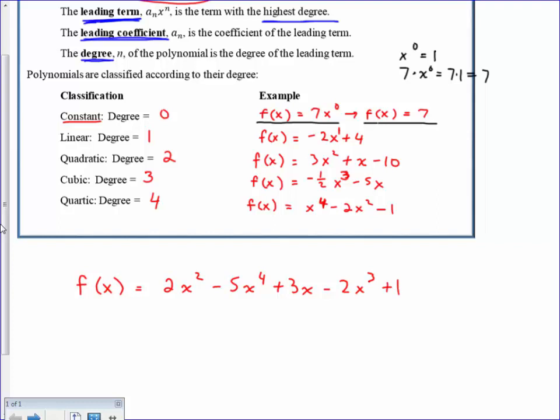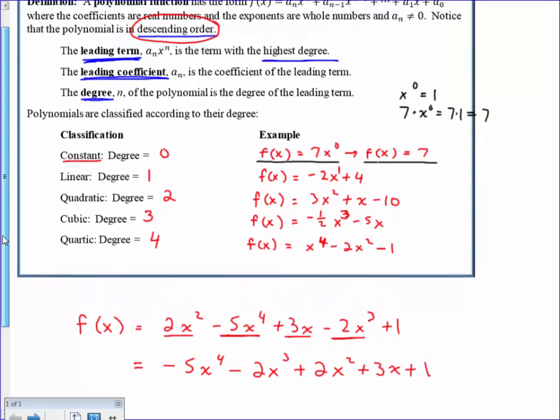We see here that my powers are mixed up, and so I'm going to want to rewrite this problem highest power first, so negative 5x to the 4th. The next largest power, negative 2x to the third. The next largest power, plus 2x squared, plus 3x, plus 1. So it's in descending order.